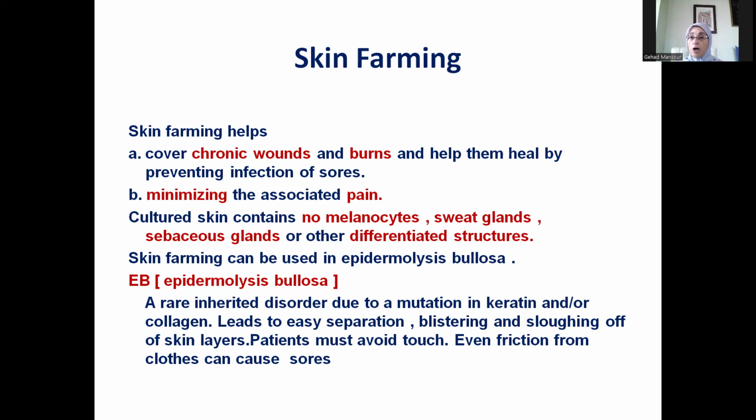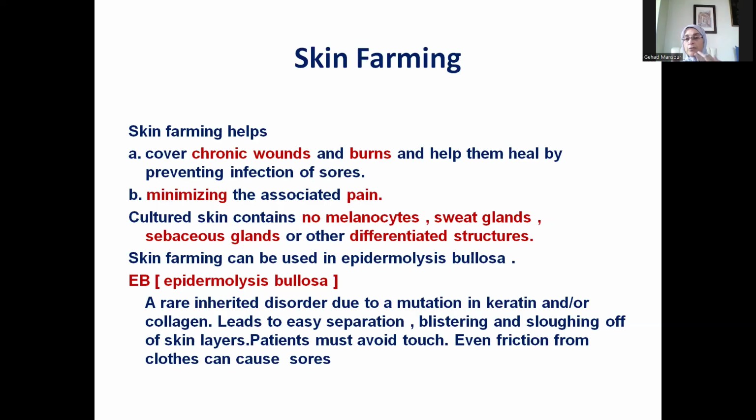The abnormality in collagen and elastin, which are very important in tightening the connection between the epidermis and the dermis, means that the epidermis will slough off or separate from the dermis because there isn't adequate collagen strength to tie them together. And meanwhile, the skin itself is very weak and imbibes water easily because of lack of keratin.